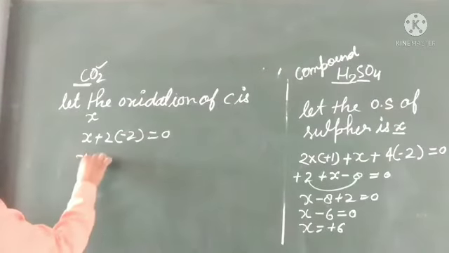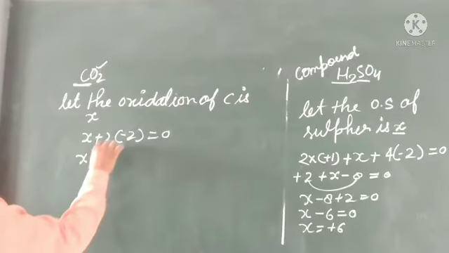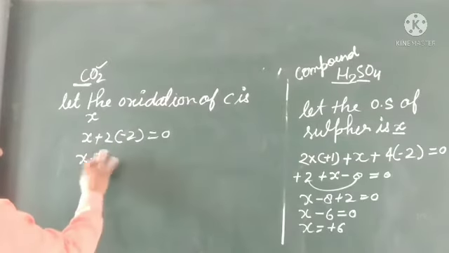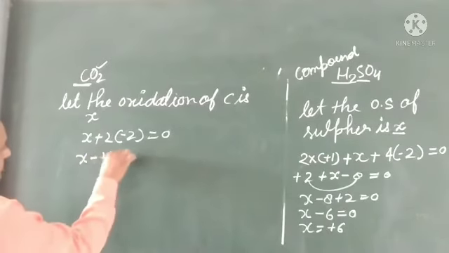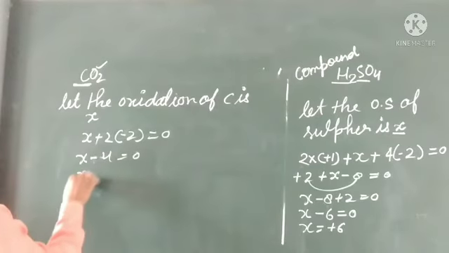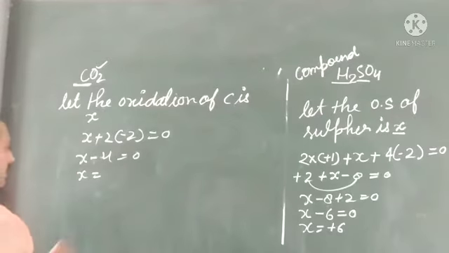X plus, here it will multiply, that will be minus. X minus 4 equals 0. X equals plus 4.